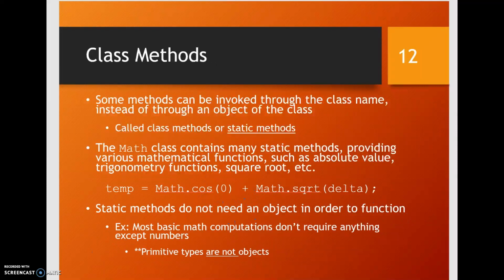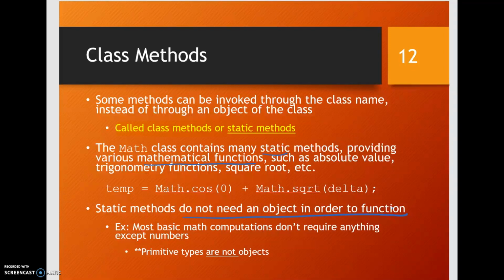All right, so the last thing that we're going to talk about is what's called a class method. Class methods, or static methods, are what we see when we talk about the Math class. Essentially what's unique about these methods is that these static methods provide specific functions that do not require an object to function. The concept of square rooting a number is totally independent of what number it's square rooting.